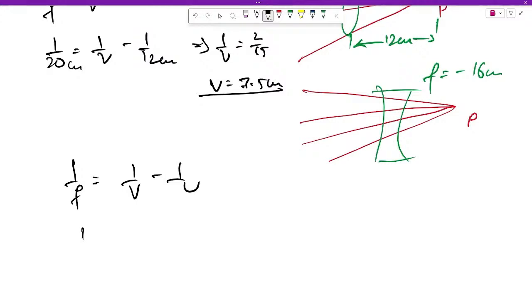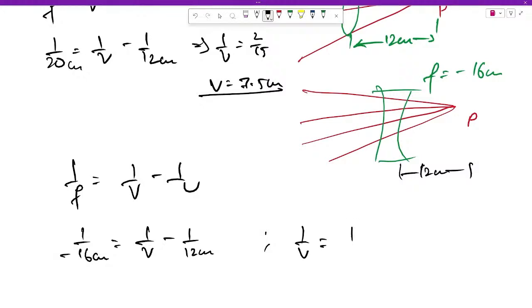So we will use 1/(-16 centimeter) equals 1/v minus the object, which is virtual and again 12 centimeter away from the pole of the lens, and the distance is going to be positive, so we will use 12 centimeter. Solving this, we will get 1/v equals 1/48, that is v equals 48 centimeter. So again, it would be 48 centimeter to the right of the lens, and in the first case, it was 7.5 centimeter to the right of the lens.